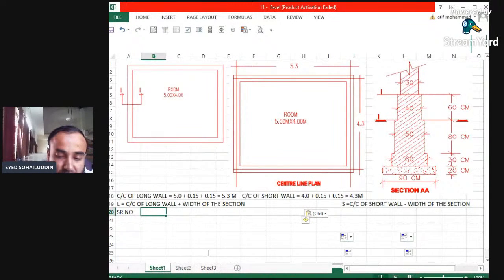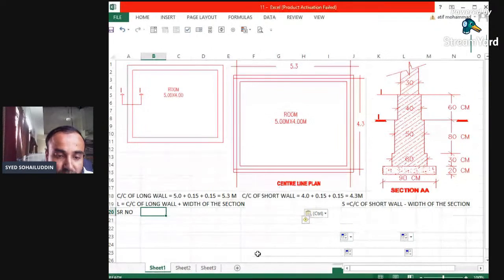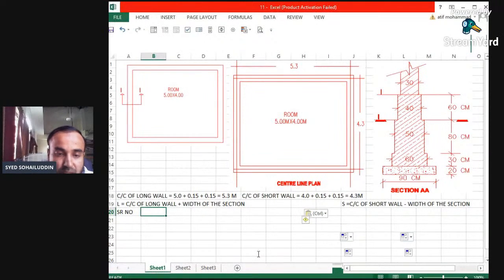How many short walls? Two. What is the length of one short wall? 3.7 meters. What is the width of the short wall? 0.6, the same width. The depth is the same, 0.3. This will be 1.33.